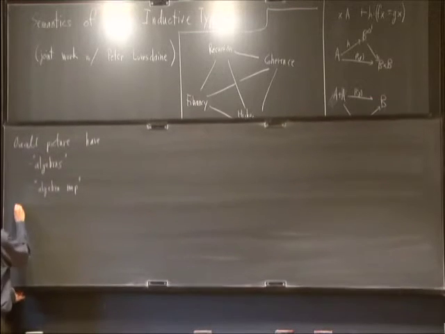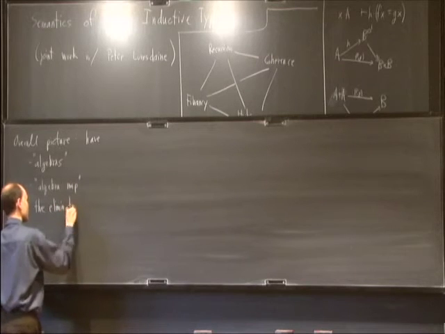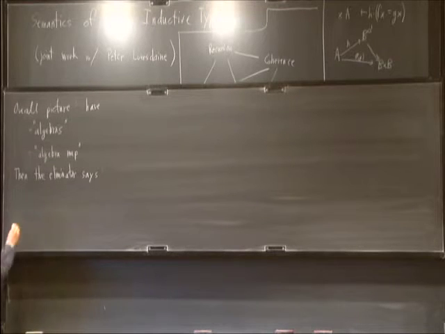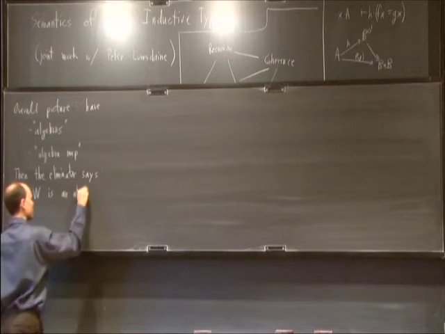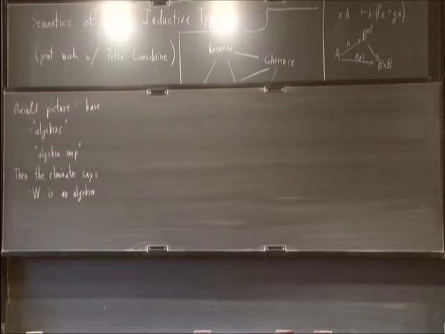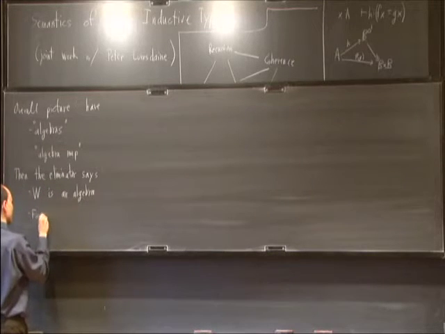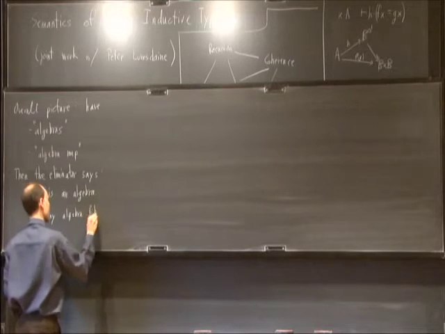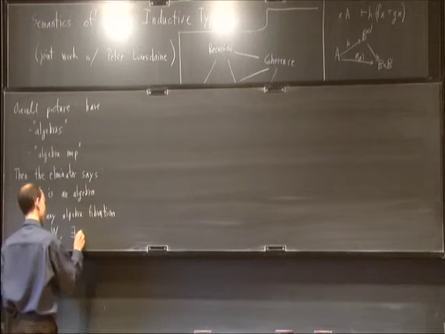And then the dependent eliminator, the elimination property of an inductive or higher inductive type, says that W is an algebra, so it has whatever structure we're talking about, which basically encapsulates what all the constructors are supposed to be. And then the real part of the elimination property says that if I have any algebra fibration over W, there exists an algebra section.